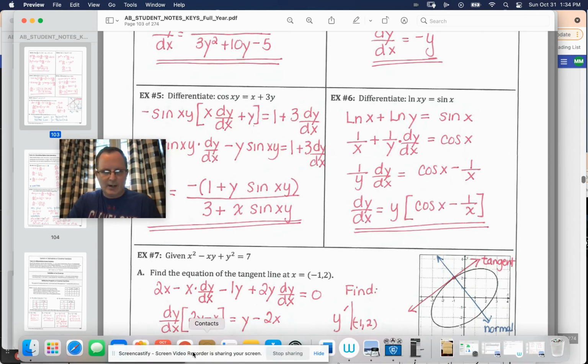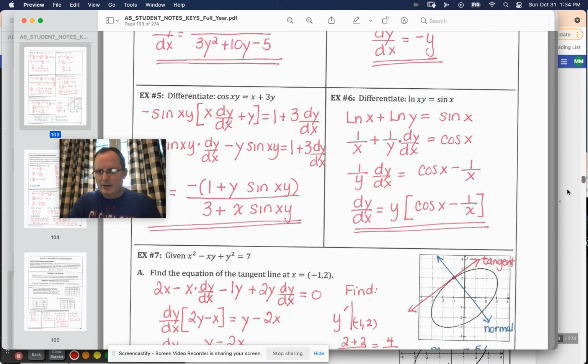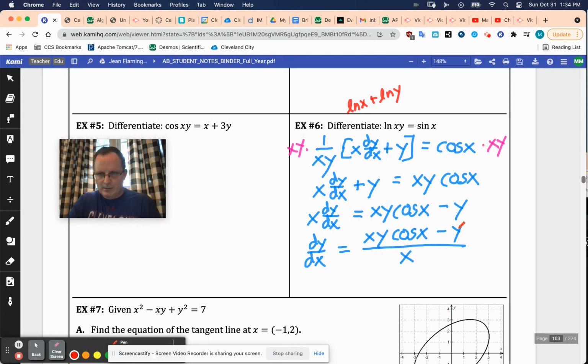Okay, so let me go back. Yeah, 1 over x there, cosine x there with this x canceling out. So what you did. If you go that route, then you still end up with this y factored out, and then rewrote these separately.